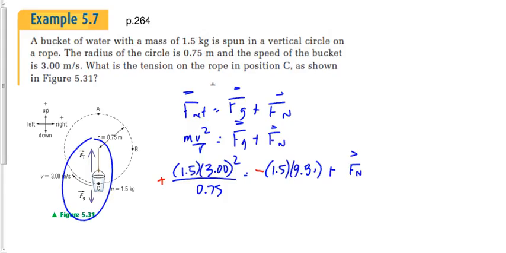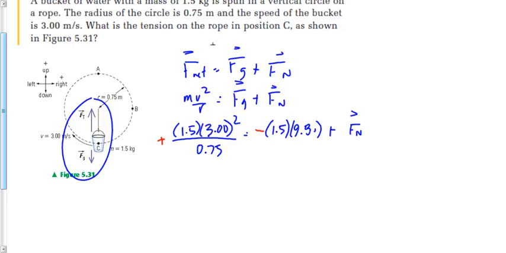All right, let's see what we can do here. We do the math on the left-hand side, it works out to be 18 newtons. On the right-hand side, 1.5 times 9.81 is negative 14.72, plus Fn.